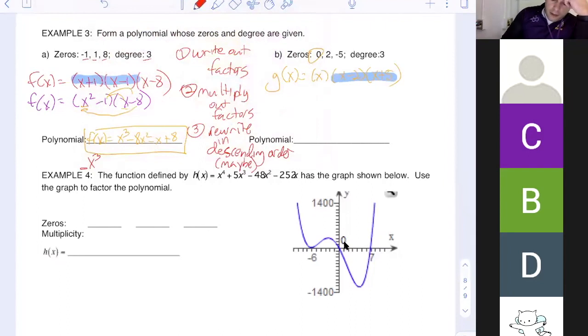So g of x is equal to x times x squared plus 3x minus 10. And now I distribute the x to each term, and it's already going to be in descending order. g of x is equal to x cubed plus 3x squared minus 10x.